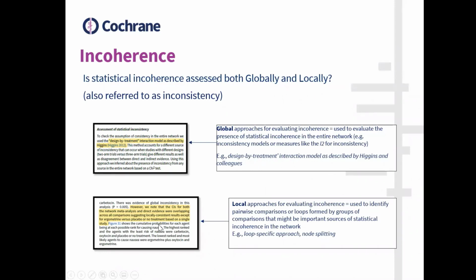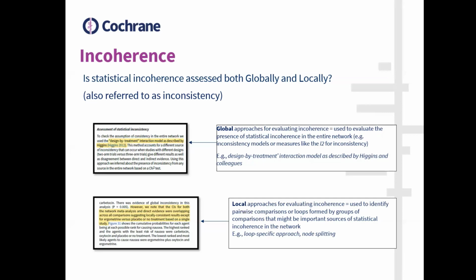I-squared. And then the next part says, however, we note that confidence intervals for both of the network meta-analyses and direct evidence were overlapping across all comparisons, suggesting locally consistent results. I think they meant indirect estimates here because, as I said, when you're looking at coherence, you're looking to see whether the indirect estimate agrees with the direct estimates. And there are local approaches as well.